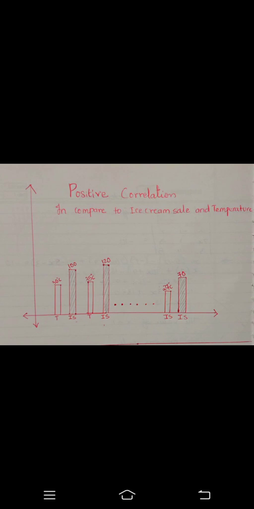After a few days or months, the temperature decreased to 27, and the ice cream sale also decreased to 70 pieces. So temperature is positively correlated to ice cream sale, because if one is rising, the other is also rising. If one is falling, the other is also falling. So this means it has a positive correlation.